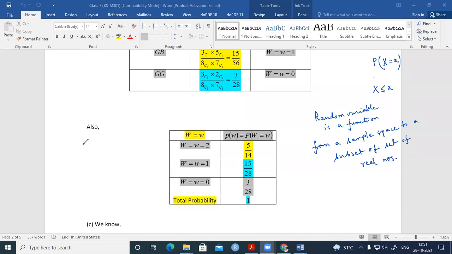Now here you see the random variable is taking the values 0, 1 and 2. So we have this subset, which is obviously a subset of R, the set of real numbers.